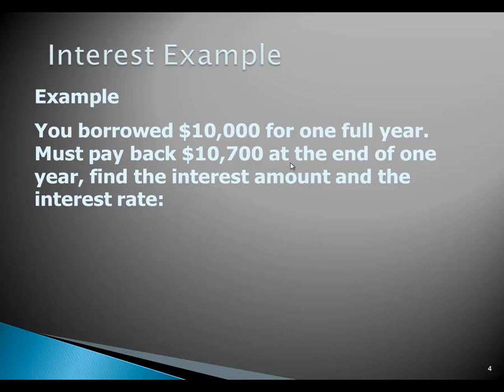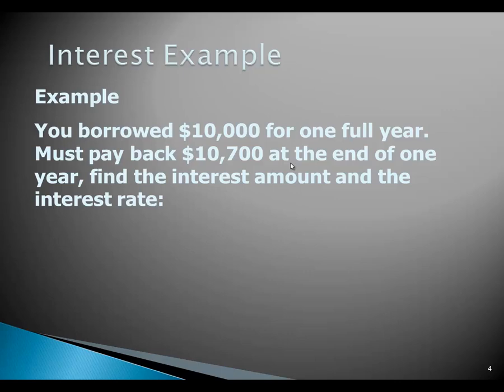To get the interest amount, which is uppercase I, we get the difference between what was originally borrowed and what needs to be paid back. So capital I, or interest amount, will equal 10,700 minus 10,000, which is in this case 700 for that 1 year.